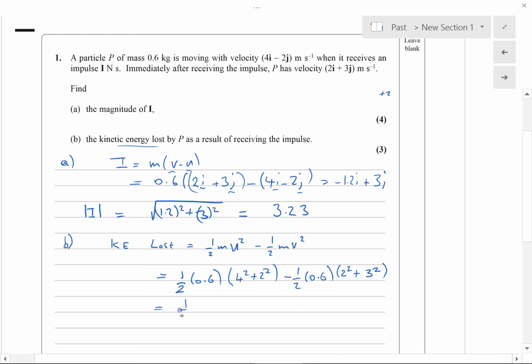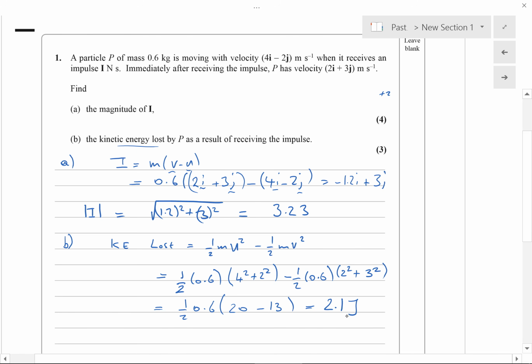The 4 squared plus 2 squared is 20, and the 2 squared plus 3 squared is 13. So that equals 2.1 joules.